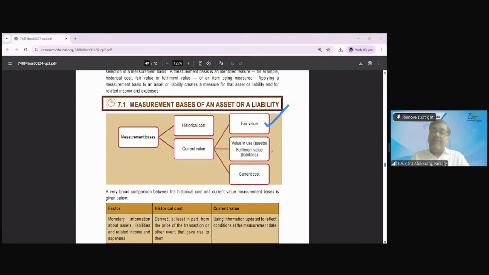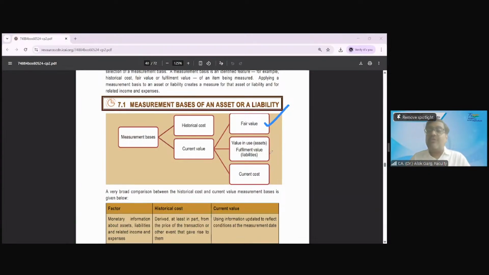Number two, by using the asset. So when you are selling the asset, it is a fair value. When you are using the asset, it is a value in use. Present value of future cash flows.